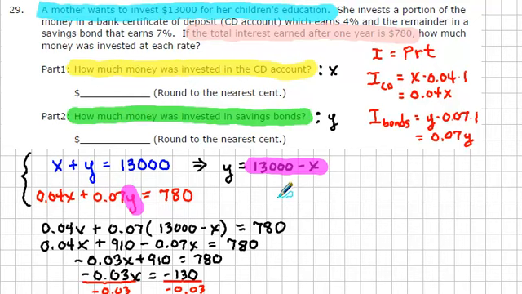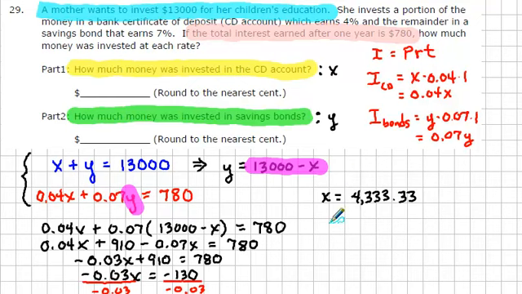Divide negative 130 by negative 0.03. And that comes out to be $4,333.33 to the nearest cent. So x is equal to $4,333.33 to the nearest cent.